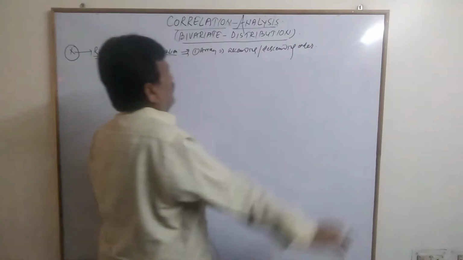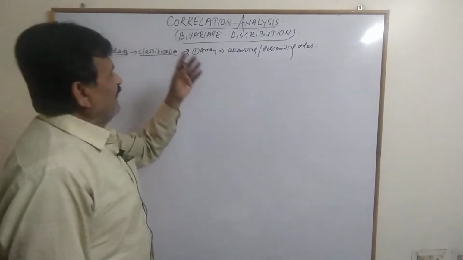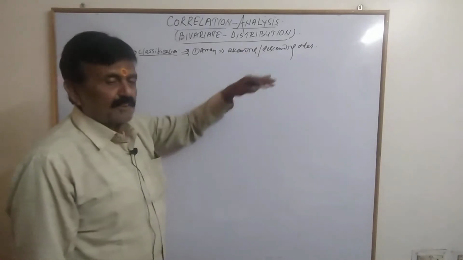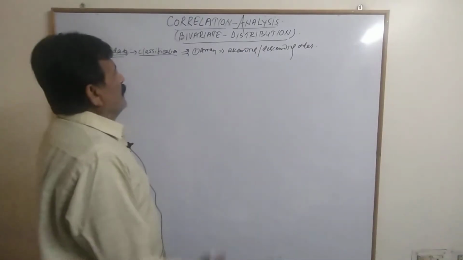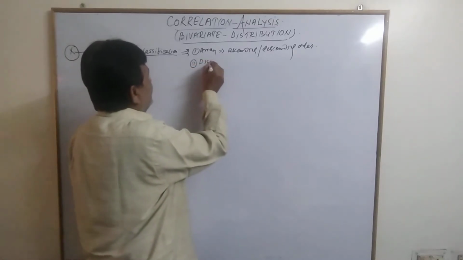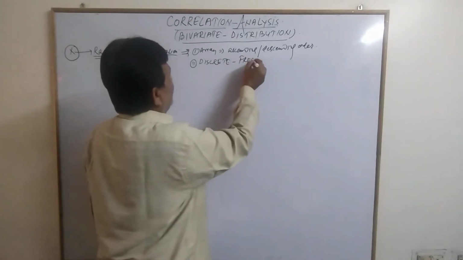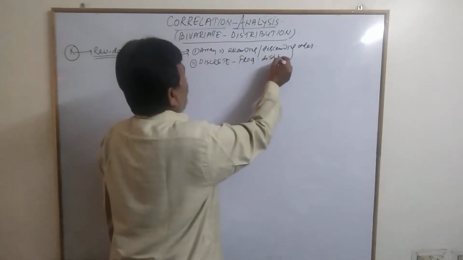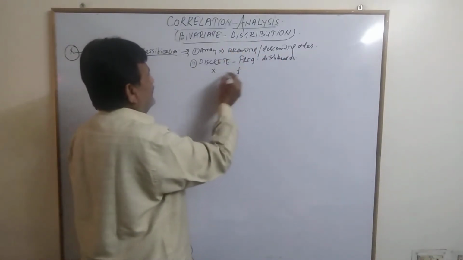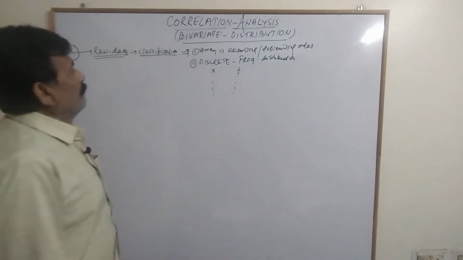The moment it is converted into an array, it starts speaking about its own features and nature. When the array has been formed, then we make a discrete frequency distribution, where we shall have x and f.